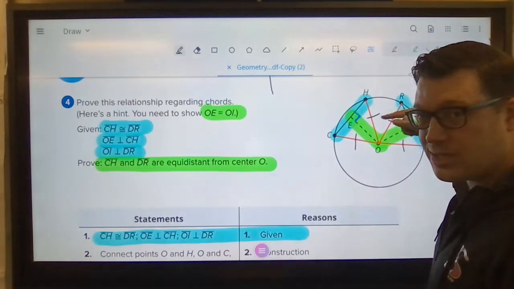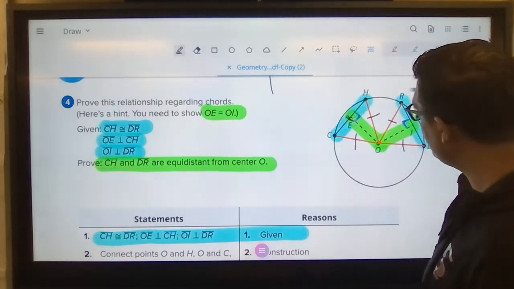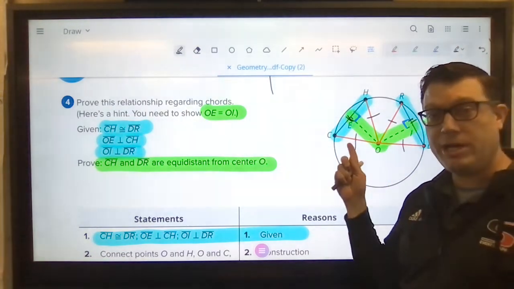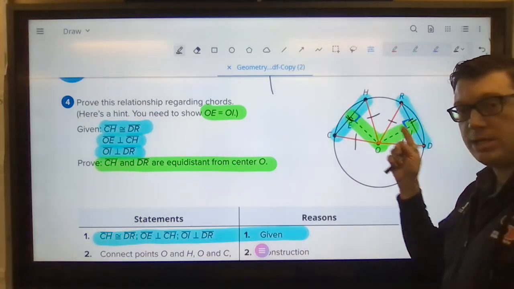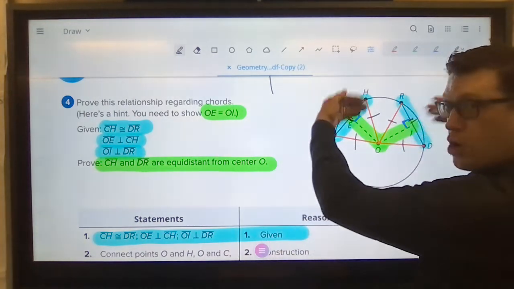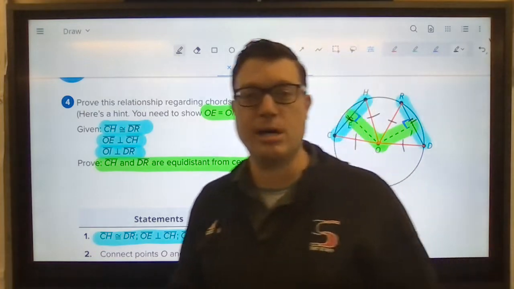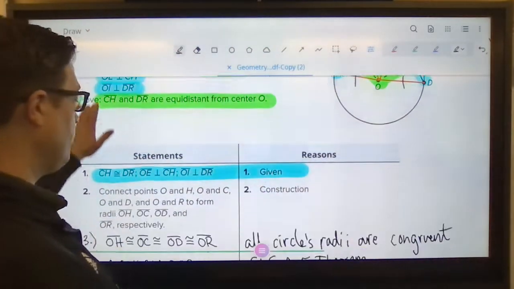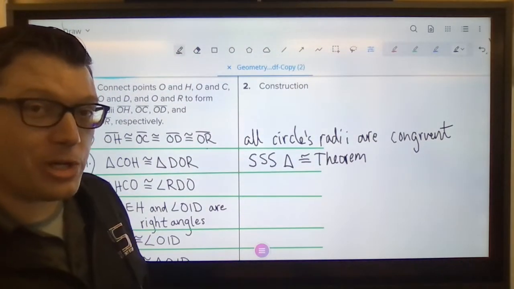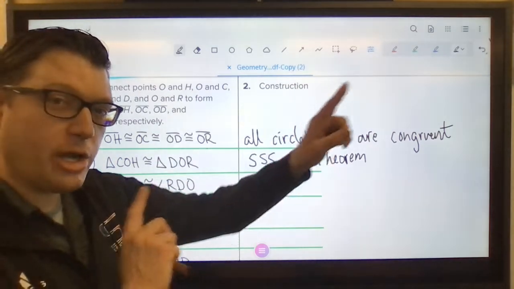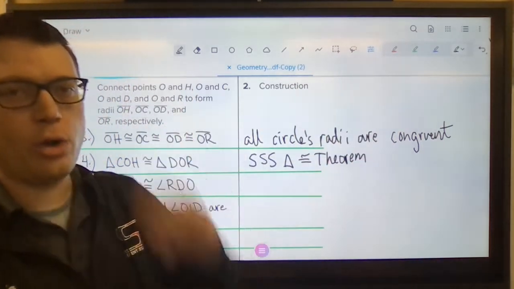So I don't know if they're necessarily the same as the chord, but that distance, 2 spikes and 2 spikes, creates side, side, side, matching side, side, side, and so therefore the triangles have to be the same size. Triangle congruence. Once we know that triangles are congruent, the pieces of the triangle that we didn't talk about, we now know they're congruent.